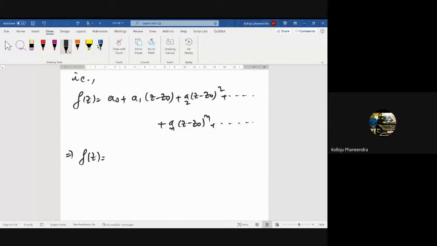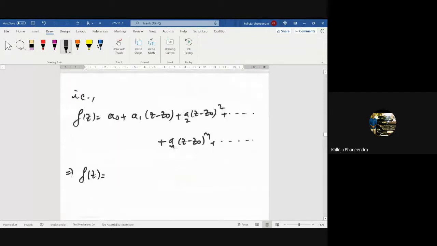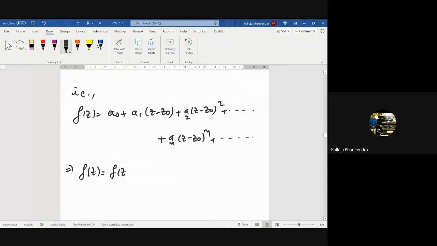What is the a0 value then? See, a0 is 1 by 0 factorial, which is 1, with no derivative. That means f of z0, plus (z - z0) times a1.